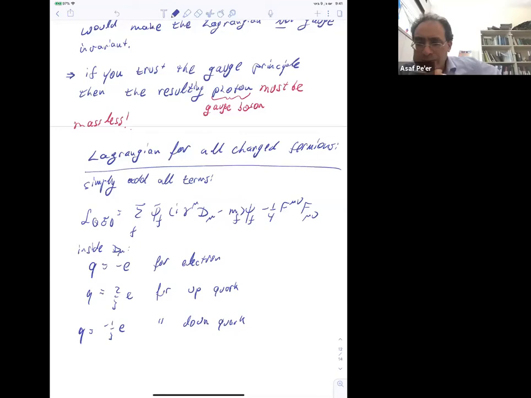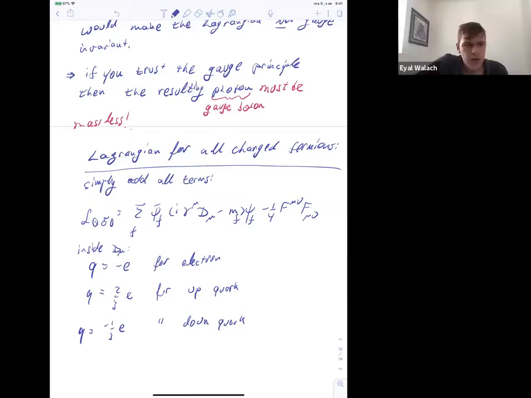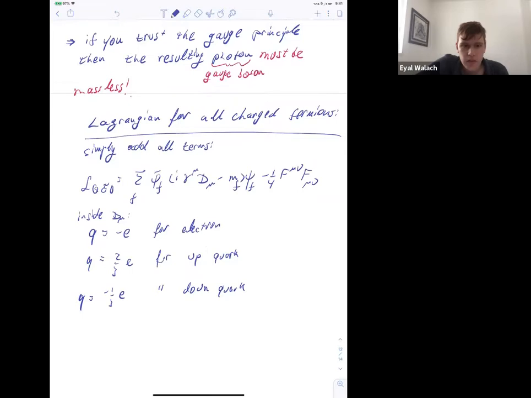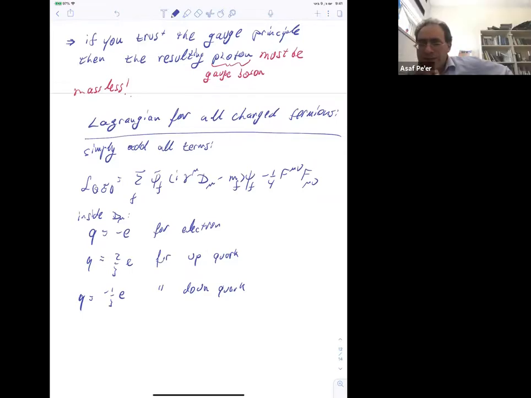That means your theory has the charges as parameters that can be determined however you want. The different charges cannot be determined by QED, right? You mean if there is something in QED that tells you the value of Q?